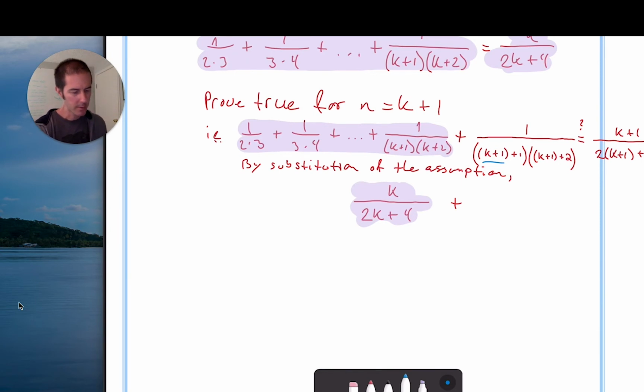I'm not going to factor. k plus 2, k plus 3. I can't actually remember how this problem plays out, so it's like we're solving this together for the first time.